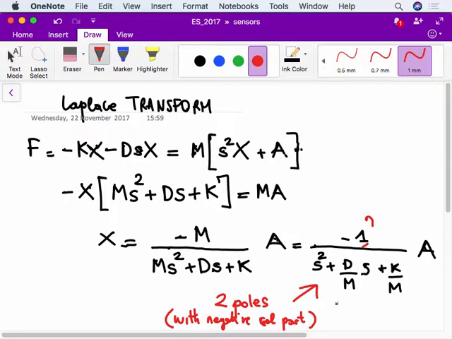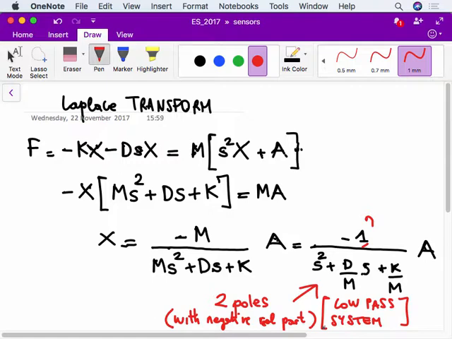Okay, so that basically at low frequency the displacement is proportional to the acceleration. Okay, this is a low pass filter, which means that the displacement is proportional to the acceleration if the acceleration does not change too fast. Okay? And this is the only thing that we need.